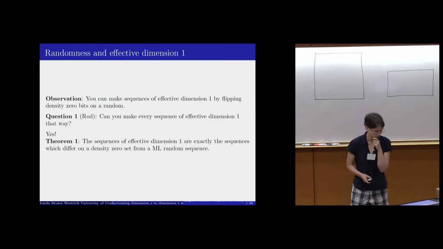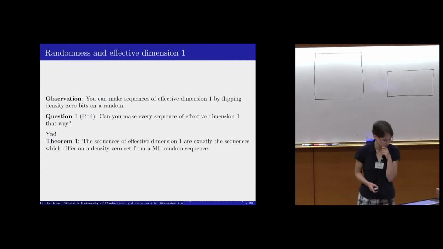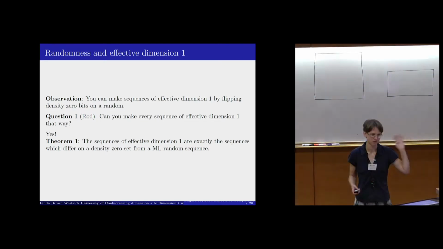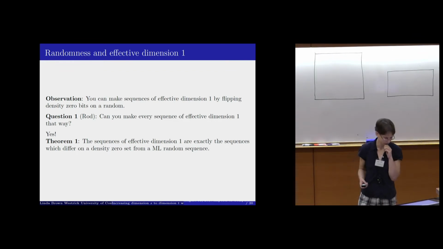There's this observation that's been known to everybody for a long time: what's a nice way to make a sequence of effective dimension 1 that's not random? Well, just start out with a Martin-Löf random and mess it up on a density 0 of points to get a sequence of effective dimension 1.